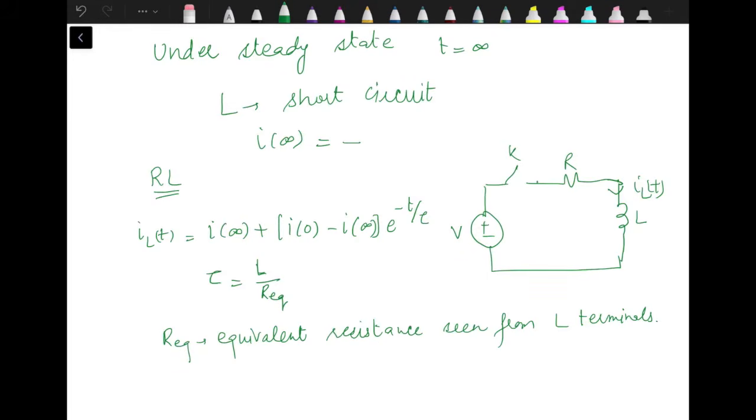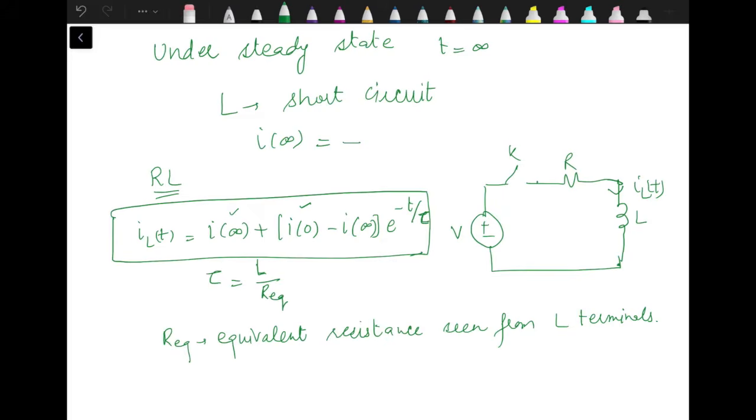If we have multiple resistances, then we need to calculate the equivalent resistance seen from the inductor terminals. So with this expression, we can calculate the value of IL. We need to calculate the final value of current through the inductor, the initial value of the current through the inductor, and we need to calculate the time constant.